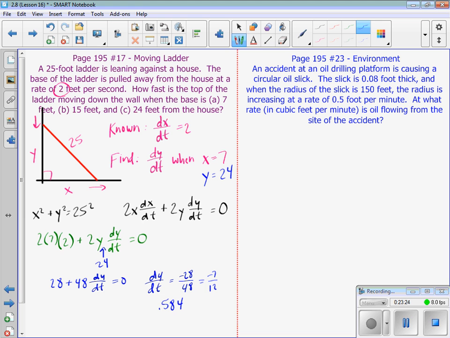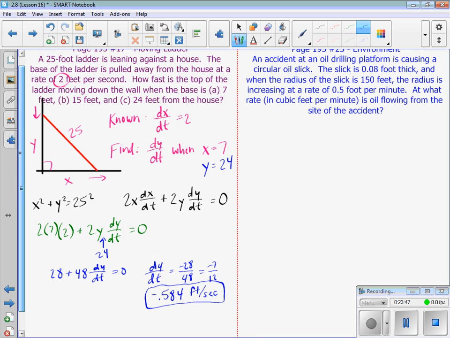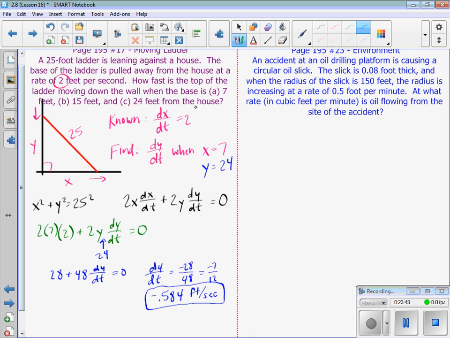And it should be negative, which it is, right? And what would be my label for that? Feet per second. And then just make sure that you answered the question. So let's see here. How fast is the top of the ladder moving down the wall?